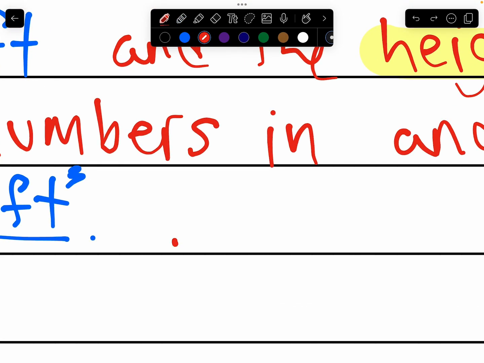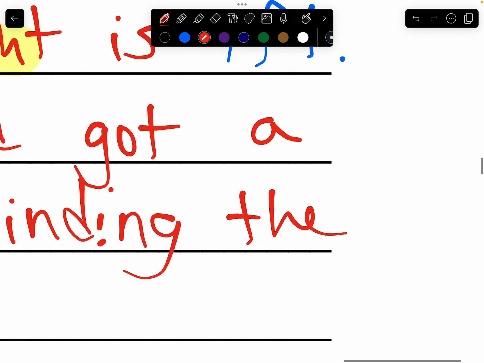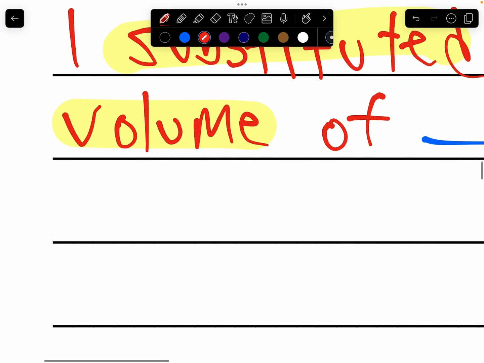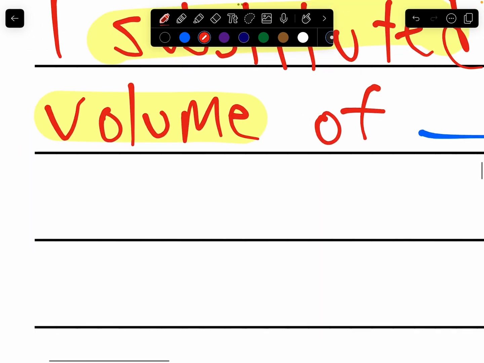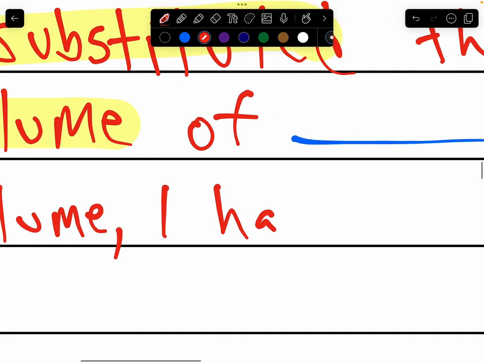Well, how did I do that? After finding the volume, I had to convert into gallons.